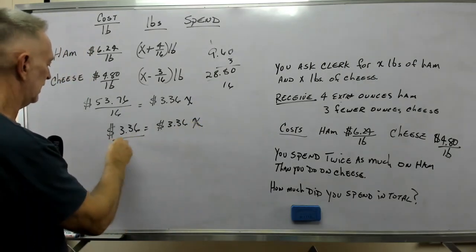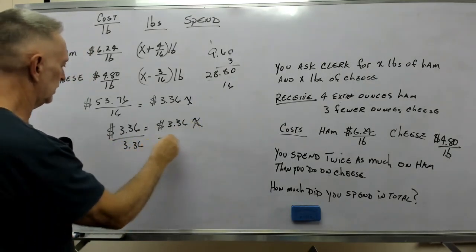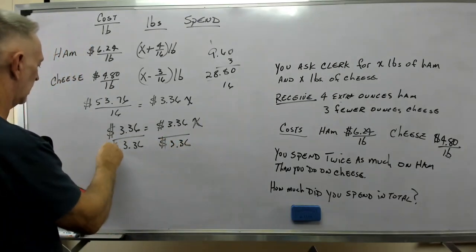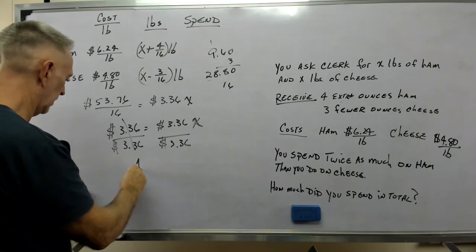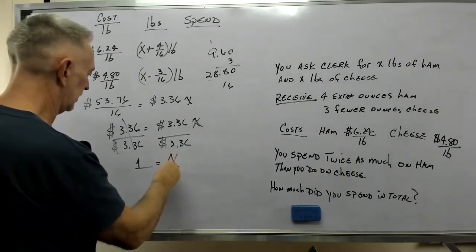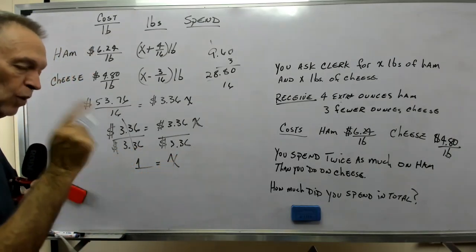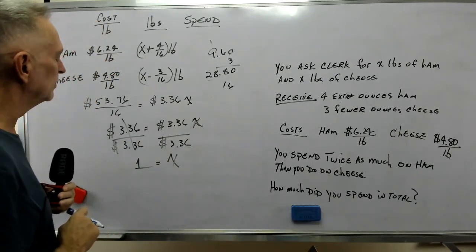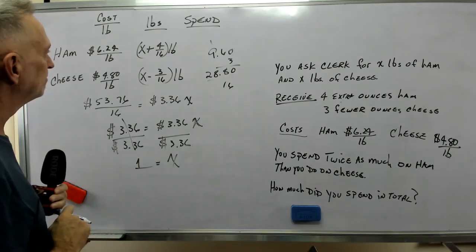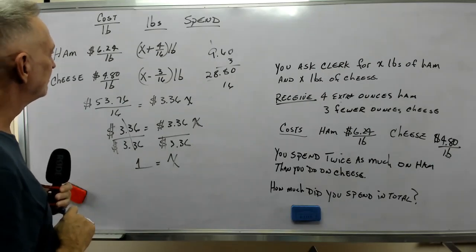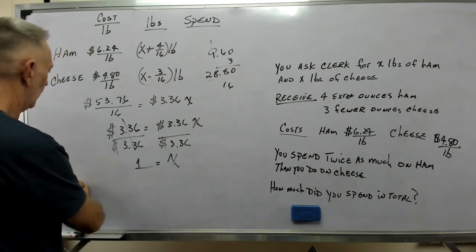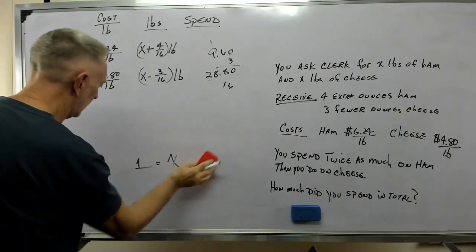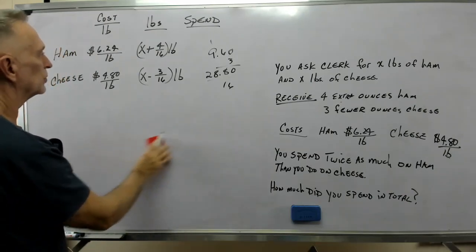So if I divide both sides by 3.36, one equals X. So we bought 1 pound, is what that's telling me. 1 pound. Well, 1 pound. Let's go back up here. Think about what that means for us.